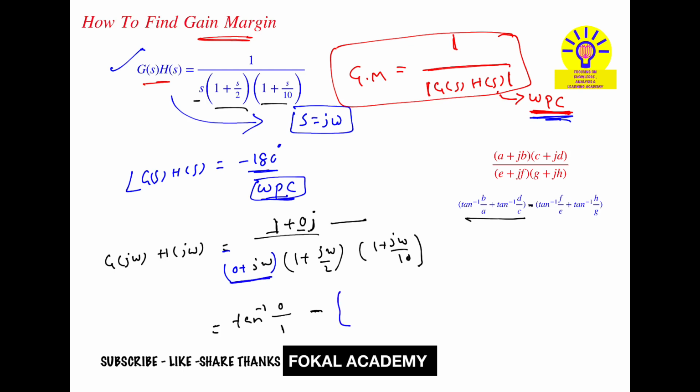For this, the phase angle is tan inverse of omega by 0, the imaginary part is omega and the real part is 0, plus tan inverse of omega by 2 by 1, plus tan inverse of omega by 10 by 1.